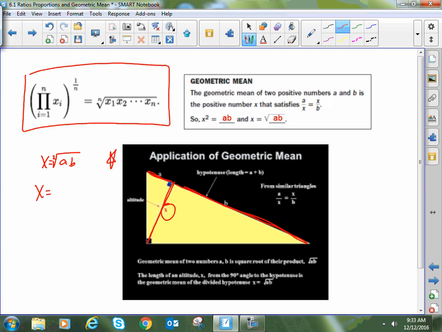Say I multiply three values together. Let's say a times b times c. Well, I would take the cube root of that because I'm multiplying three values together. If I had four values together, a, b, c, d, I would take the fourth root. So that's how the geometric mean actually works.